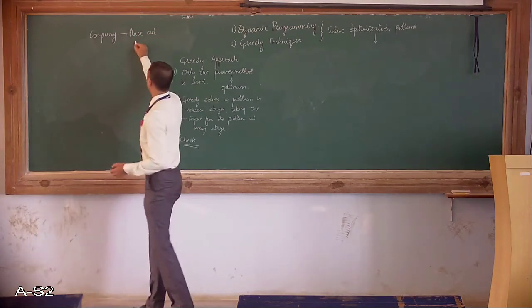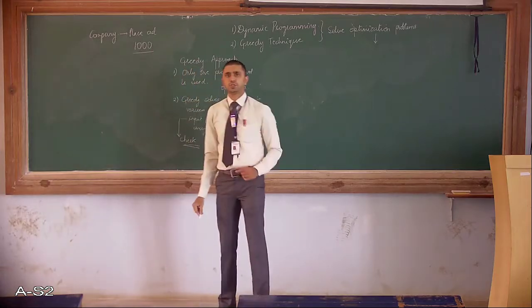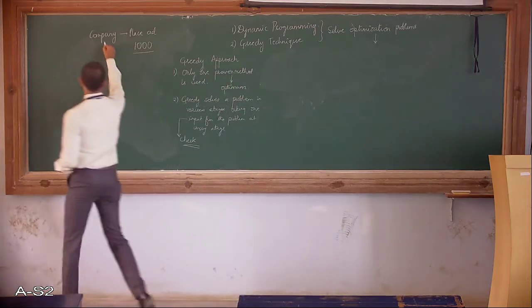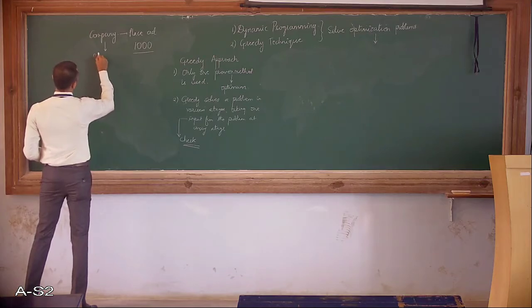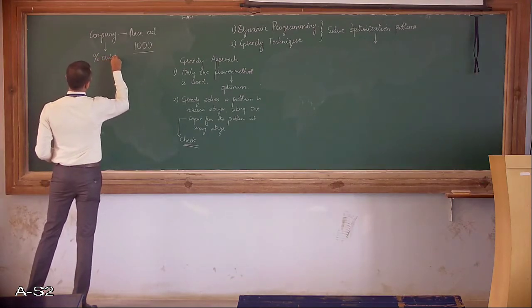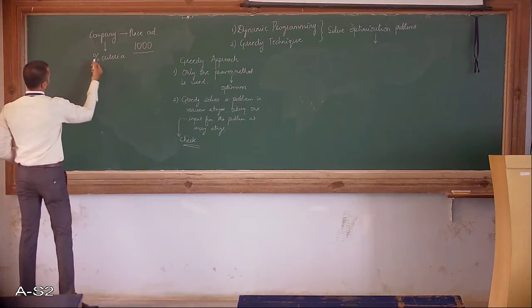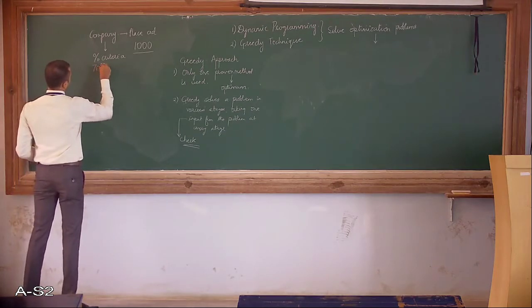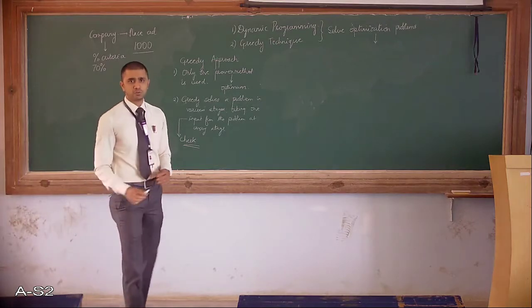Say 1,000 students have applied for that one job position. First, you filter out students based on a percentage criteria. Say you have placed the criteria that students with consistent performance throughout have to have 70%.